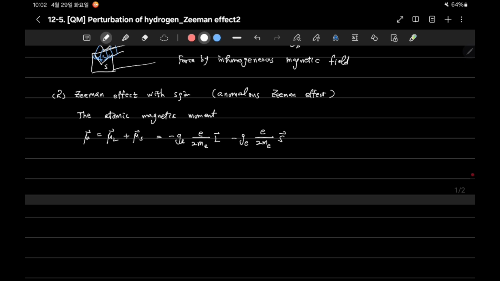The different thing is that minus e over 2 m_e is common, and it is g_L L plus g_e S. It is, for example, the electronic gyromagnetic ratio. The electronic gyromagnetic ratio is 2.